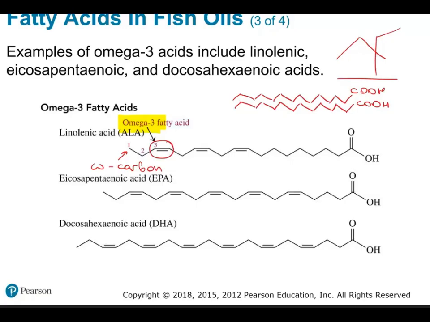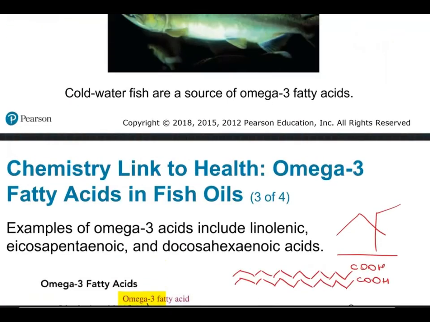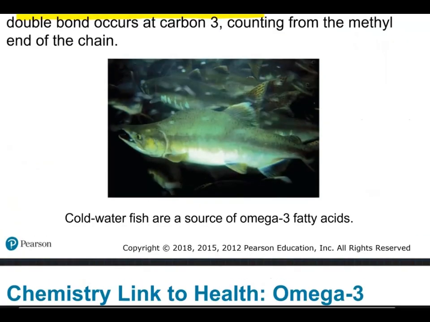But last time I checked, fish isn't liquid. Fish isn't liquid, right? So which fish contains the highest levels of omega-3 fatty acids? Cold water fish.